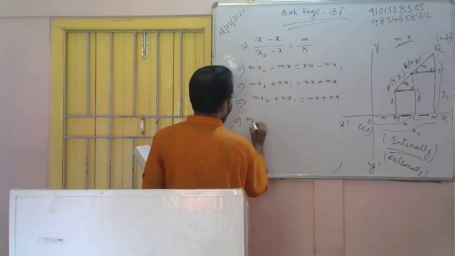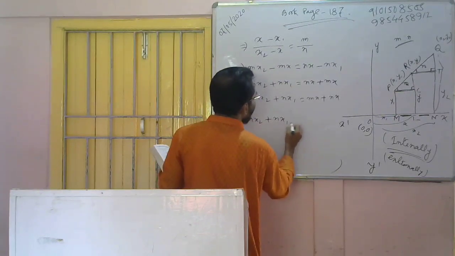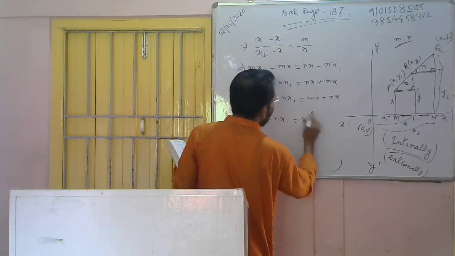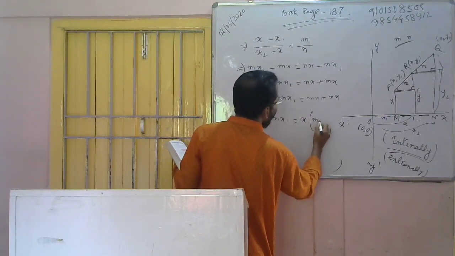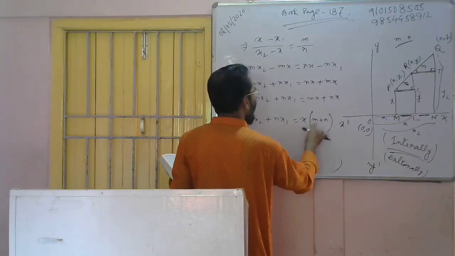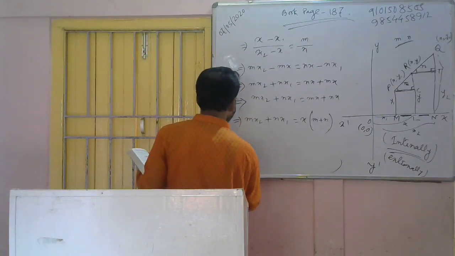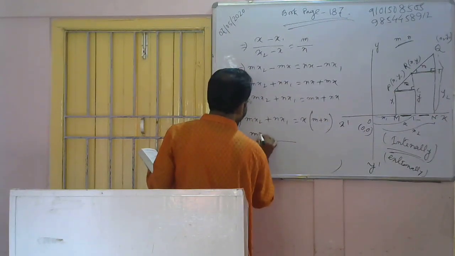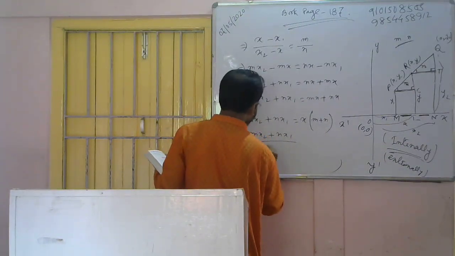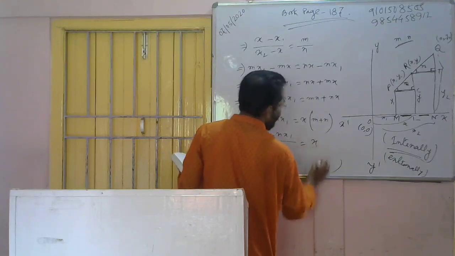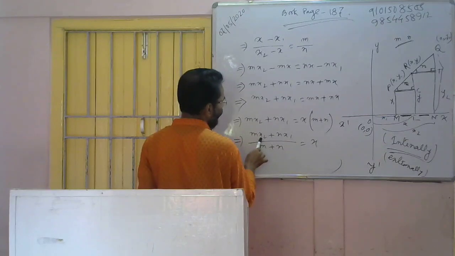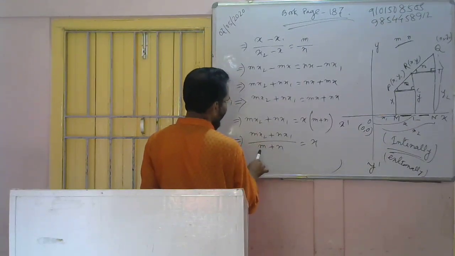Now M X2 plus N X1 is, here X is common, so in between M and N will be left. So X is M plus N common. So this will be M X2 plus N X1, and here M plus N by M plus N is our X. So X is M X2 plus N X1 by M plus N.